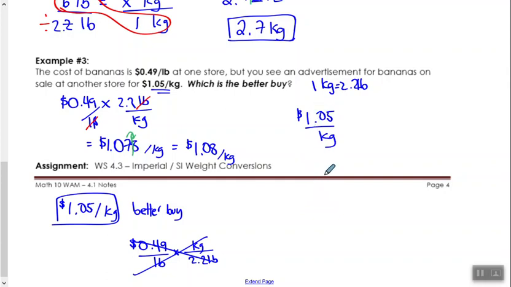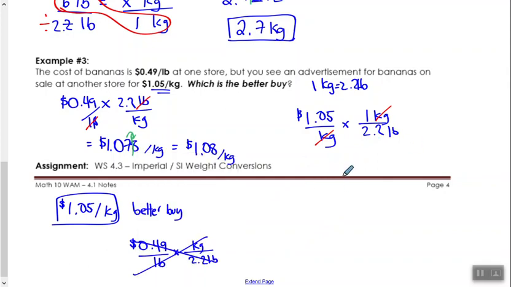Well, I know that pounds are smaller, so I'm going to have to divide by 2.2. So dividing by 2.2 could look like this: 2.2 pounds in 1 kilogram. Taking a look at my units, I see that this is going to work out. Kilograms and kilograms reduce, and I get 1.05 divided by 2.2.